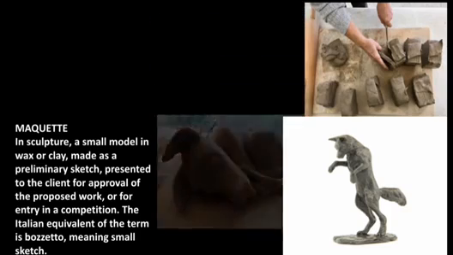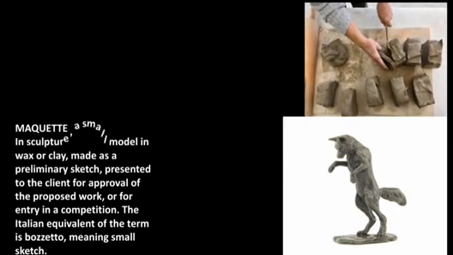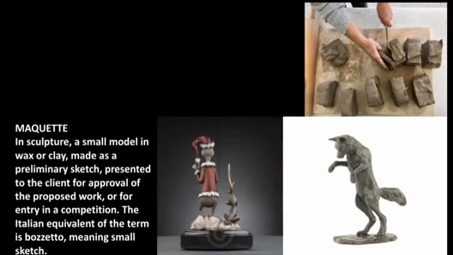So a maquette is a replica of the major work, but in a small format. Most artists will prefer doing a maquette before they go into mass production or a major work. You can see another picture being displayed there, a good example of a maquette.